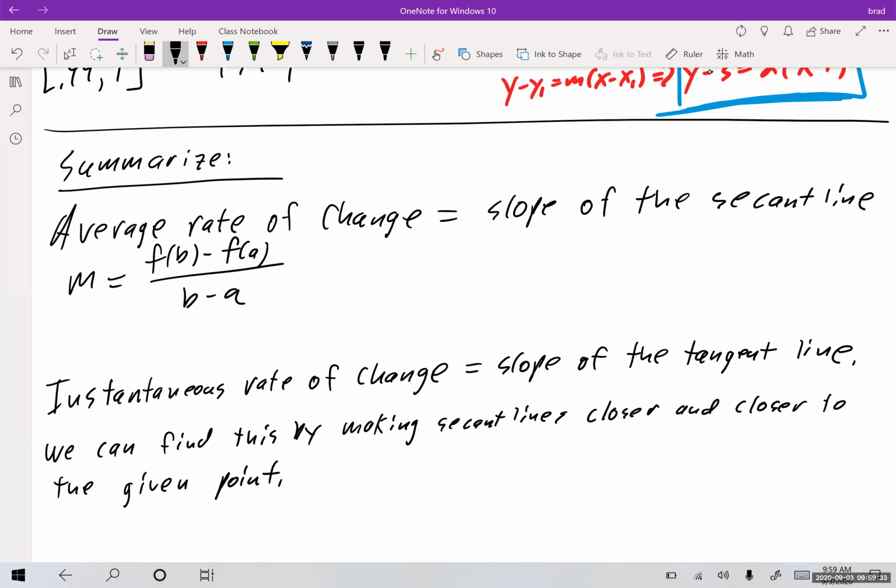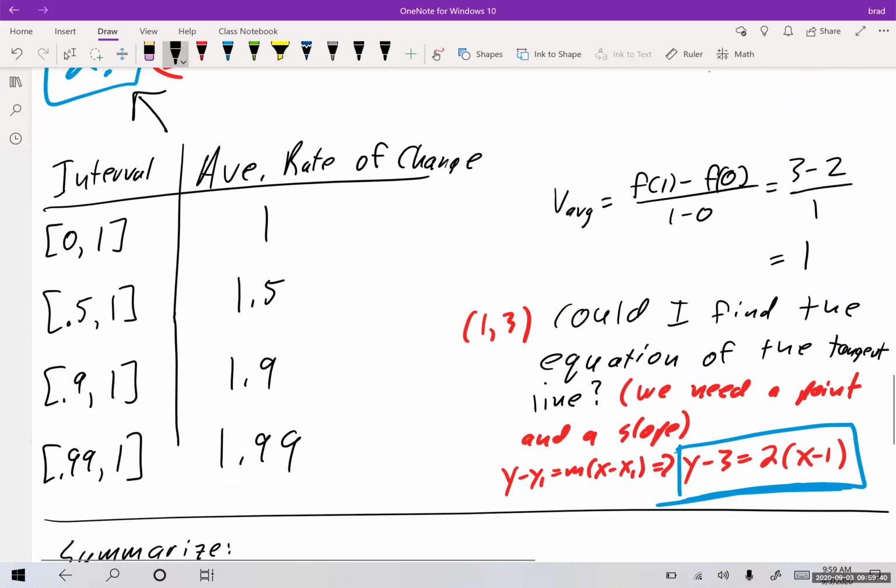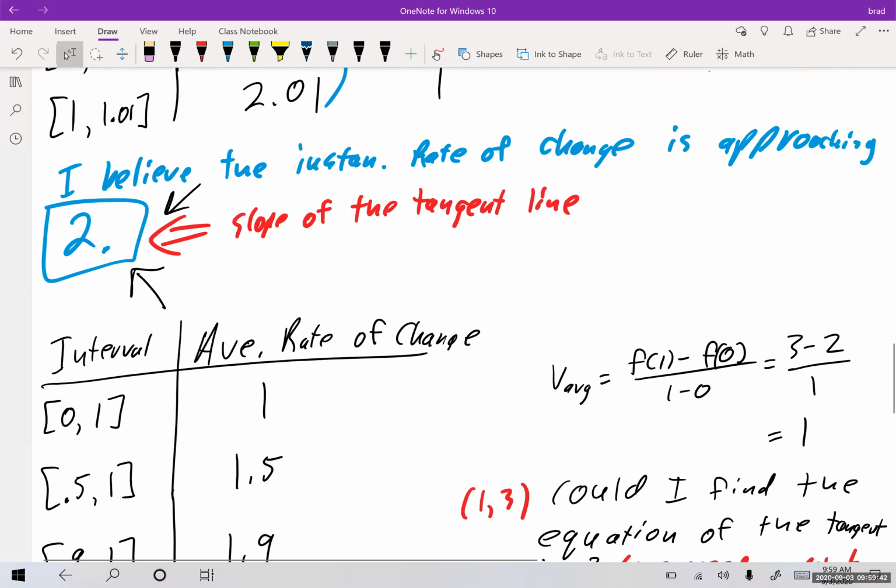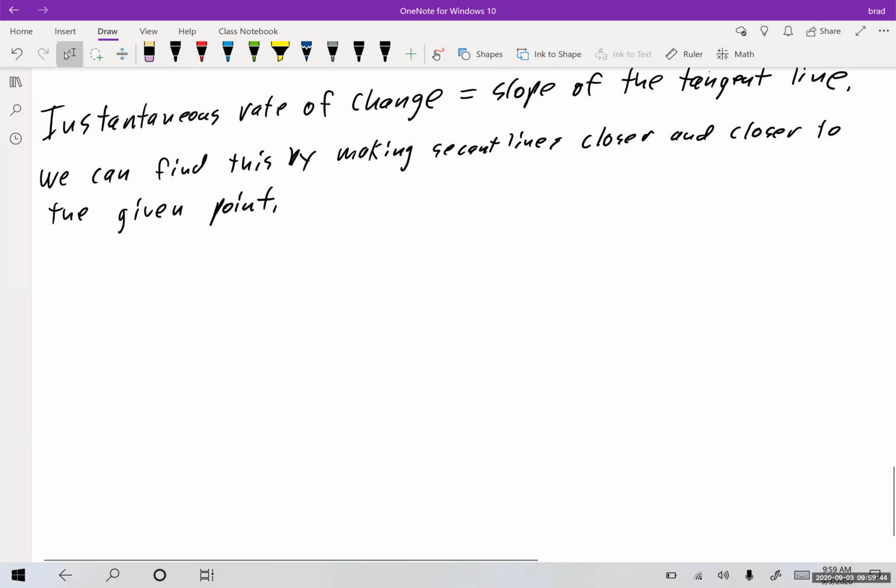Okay, now that's not perfect. We're not there yet, but this is how we've decided that we can do it: by picking values closer and closer and finding secant lines closer and closer, we're going to be able to estimate at this point the instantaneous rate of change.